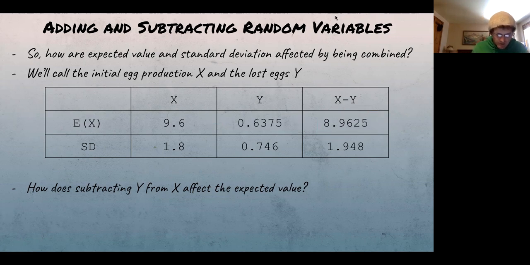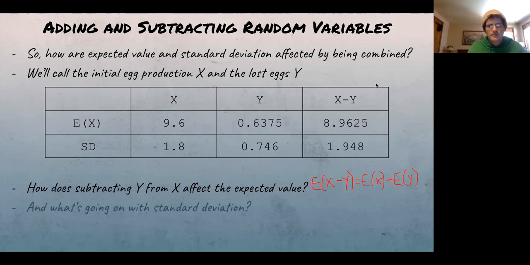So we could think of it this way: the expected value of X minus Y is going to be the expected value of X minus the expected value of Y. Nothing too complicated with that. It takes a little bit of looking at, but once you figure it out, it's a very straightforward relationship.